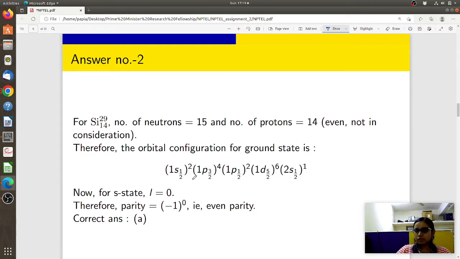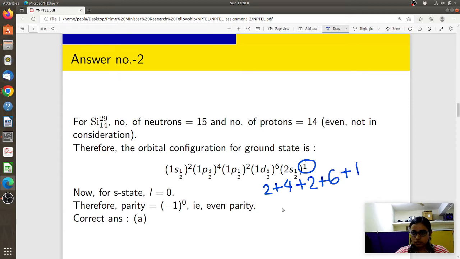Now coming to the 2s1/2 part, this is 1. So as a whole, if I calculate 2 plus 4 plus 2 plus 6 plus 1, it will be 4, 6, 6, 12, 14, 15.